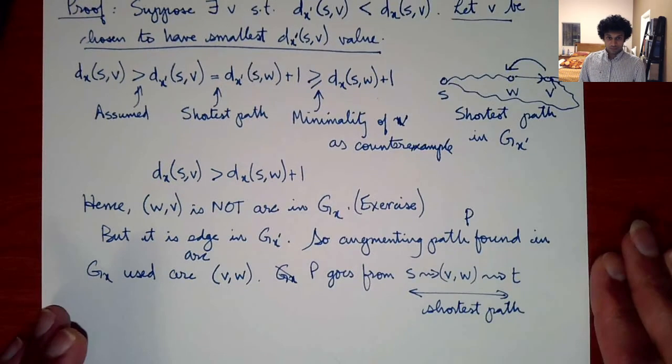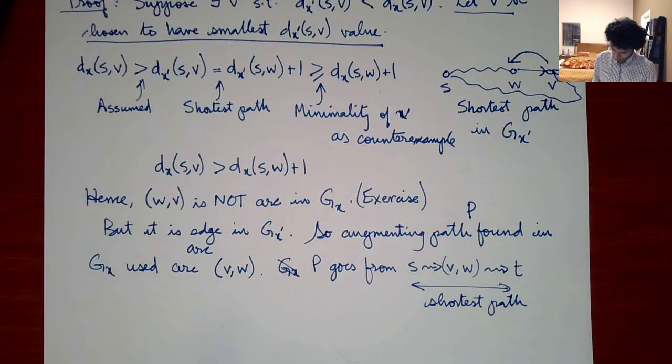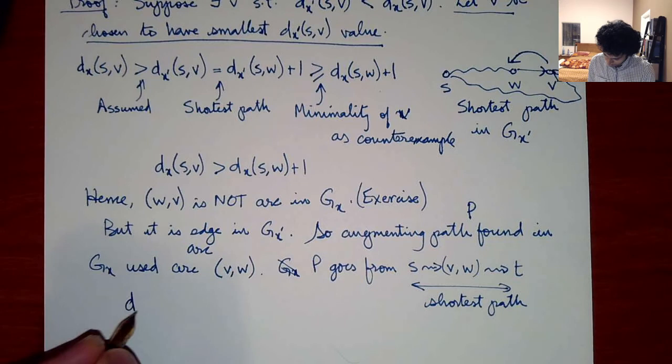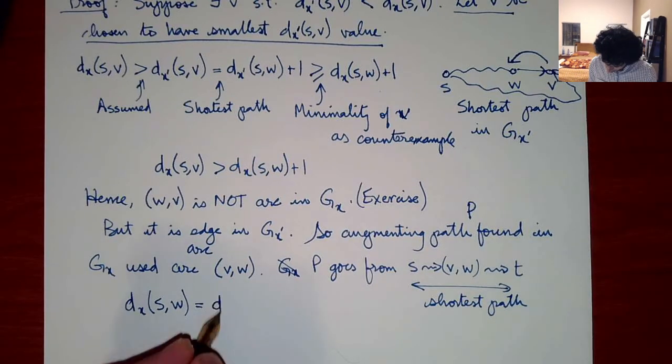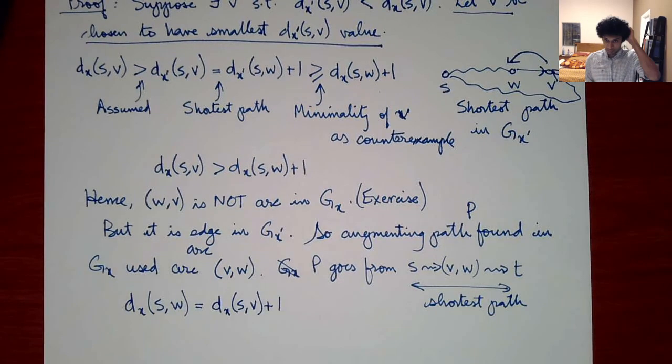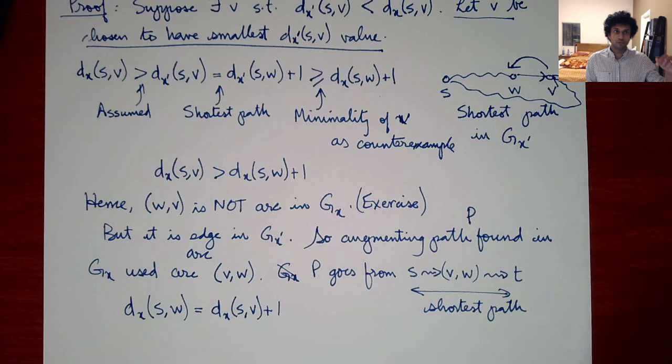Okay, now for the magic trick. So that means dx from S to W is equal to dx S to V plus 1, because this is the shortest path. And the shortest path went from S to V to W and then went to D. So dx SW is equal to dx SV plus 1.